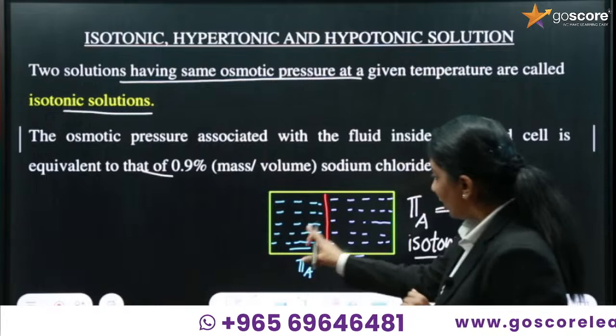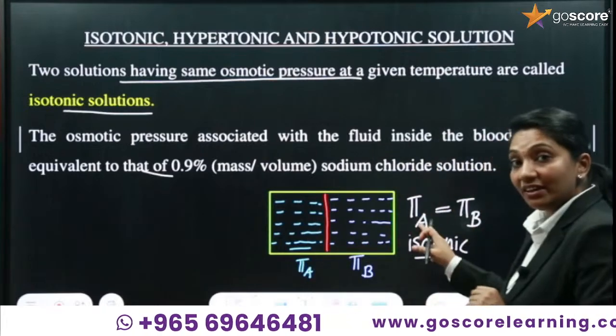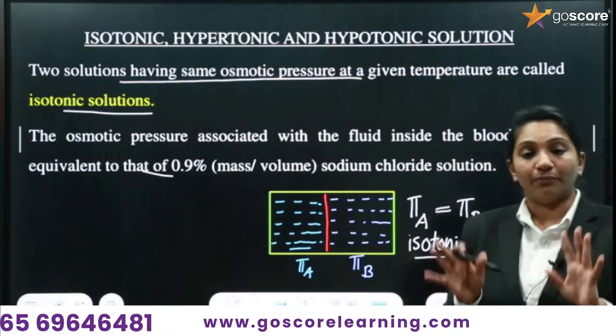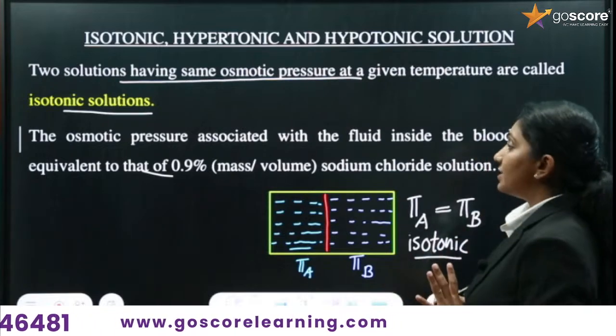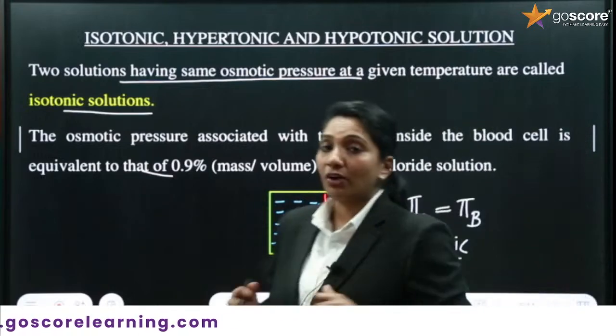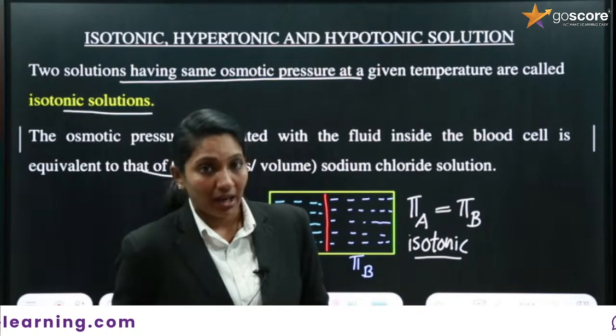Isotonic solutions are two solutions that have the same osmotic pressure at a given temperature.